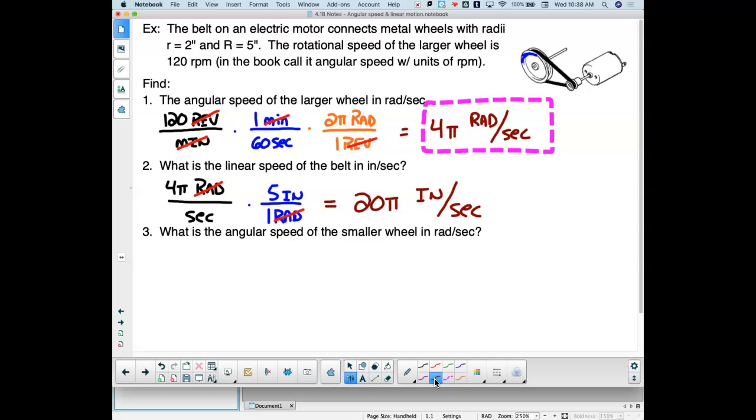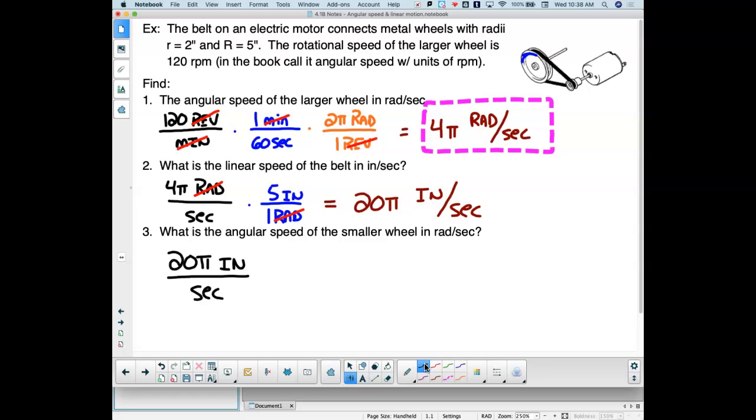Now that belt is connected to the little pulley. So the little pulley is spinning around at 20 pi inches per second, because when we're connecting two pulleys, linear speed is what is connecting them.